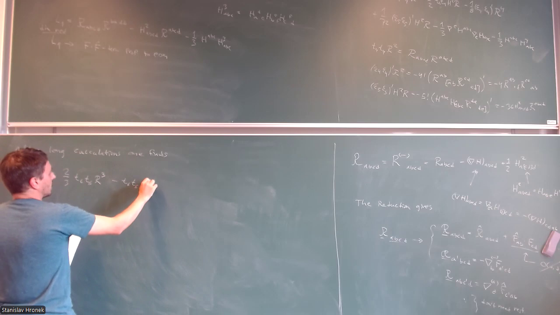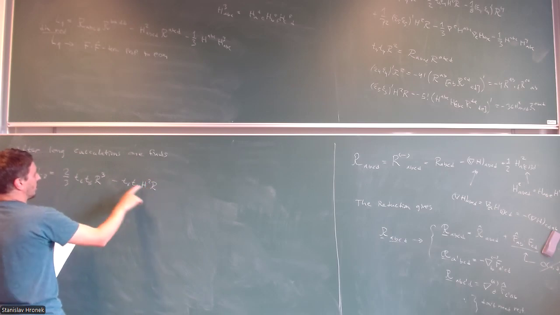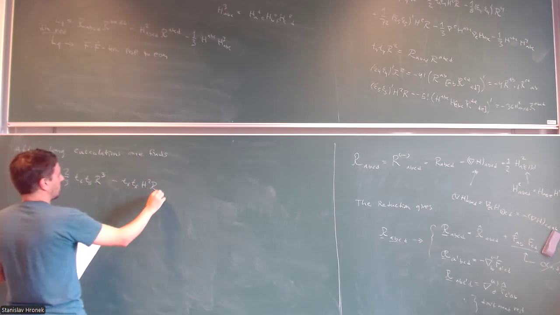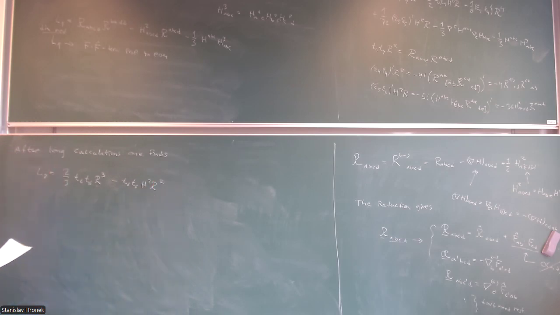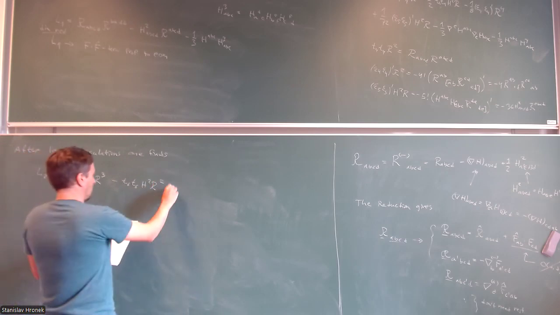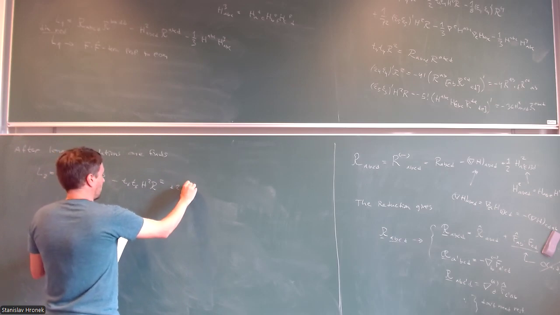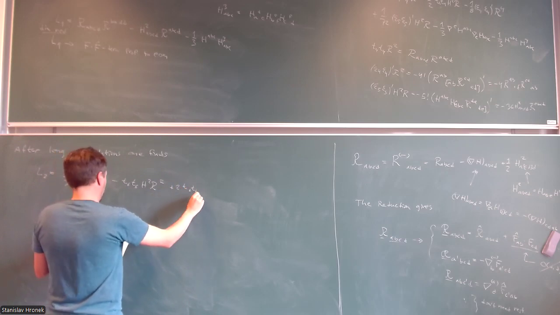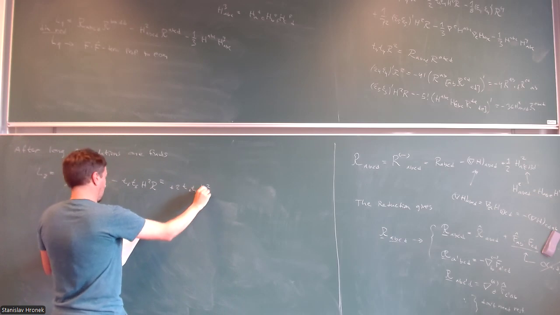E6. Again, there's an H squared. There's a term where you replace one Riemann tensor by H squared. Then another term, squared.